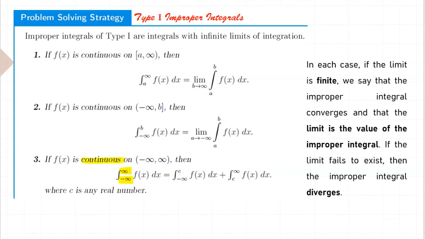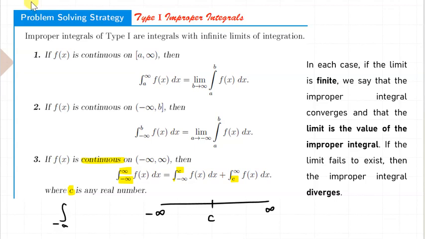Then what you have to do is select c as any real number and break this into two parts, minus infinity to c and c to infinity. Your entire integral was from minus infinity to infinity, so you have selected a point c and divided this integral into two parts.